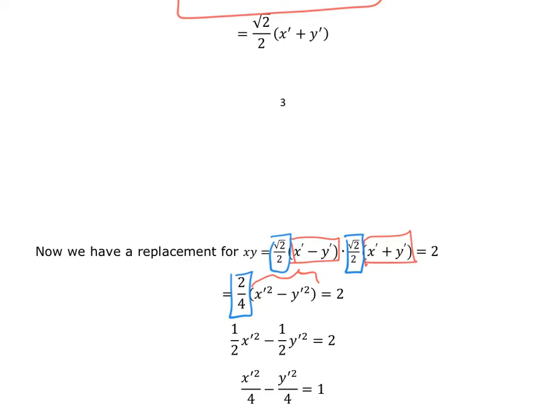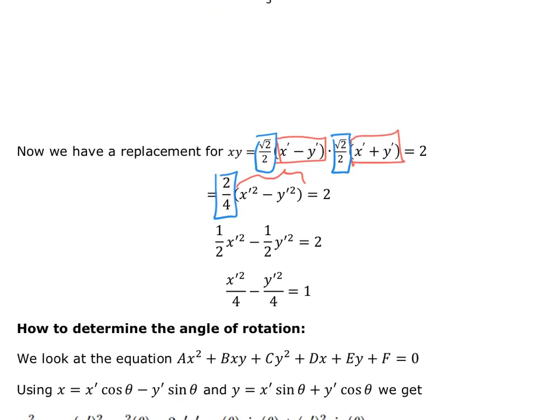Okay. So now I go ahead and distribute that 2 over 4, which is 1/2. So on this, I just distributed this 1/2 through here and here. That's all I did on that step. So from here to here, all I did was multiply that 1/2 through on each one of those terms.